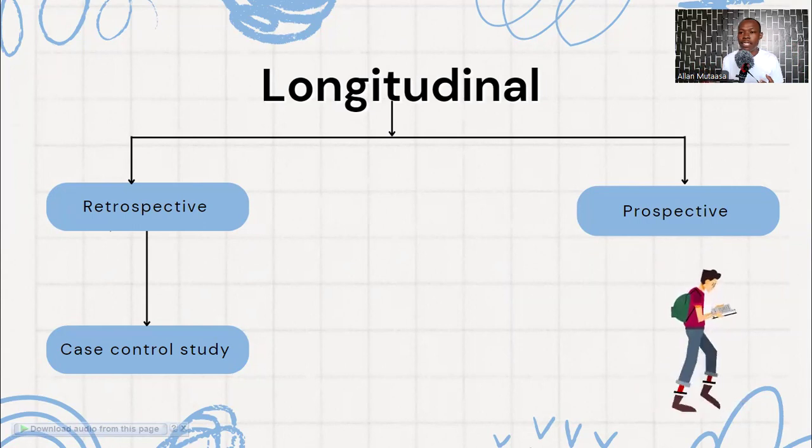So it can help us save time, and also understand that out of the 10 women with cancer of the uterus that we have, how many of them have said that they are using hormonal therapy? So that one can help us group the two, and we see how the problem of hormonal therapy is predisposing our women to cancer. So that's an example of what a case control study can be.